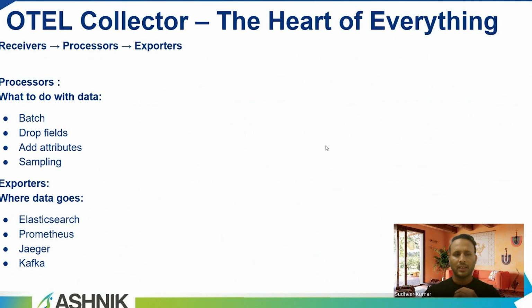The processor receives the data in the form of batches, drops fields, and if you want to add new fields or attributes, or do sampling, that kind of ETL work is done here. And then exporters are just exporting your traces and metrics to the respective targets.